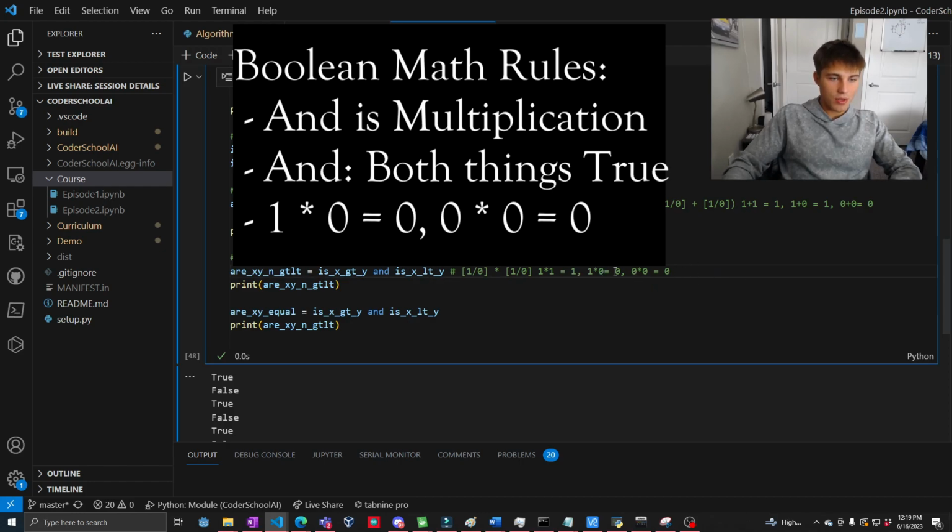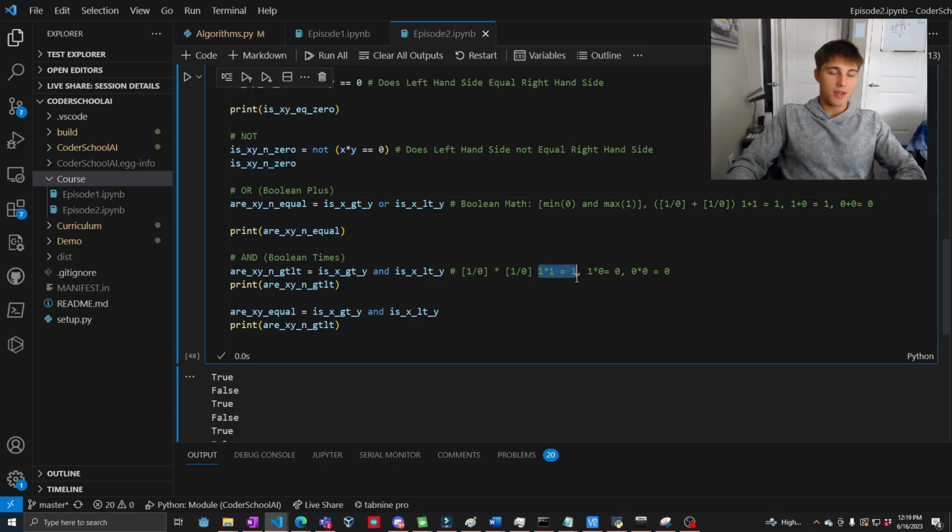But really what I want you to see here is now we only have something being true if those two are true. Here we had, most of the time, if something's true, then the whole thing is true, right? You just needed one of these values to be equal to 1 in order for this to be equal to 1. Here, you need both of them equal to 1 in order for this to equal 1, right?